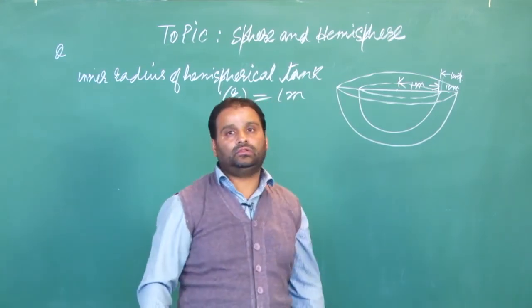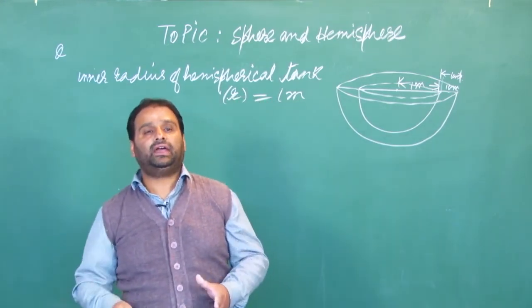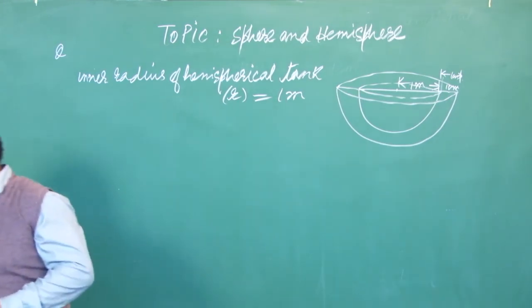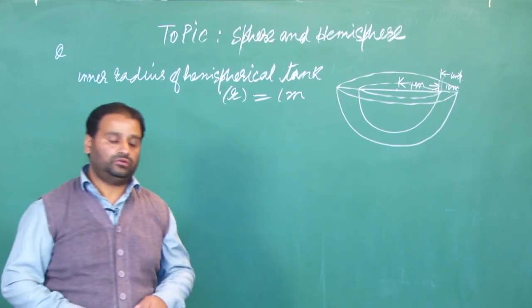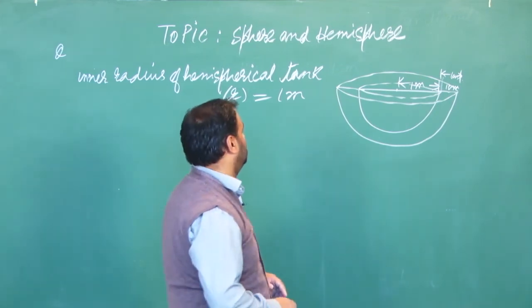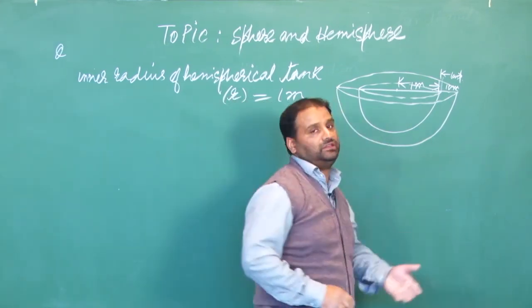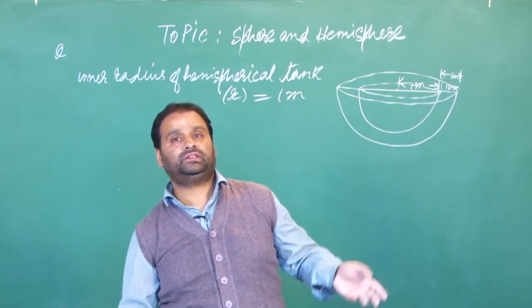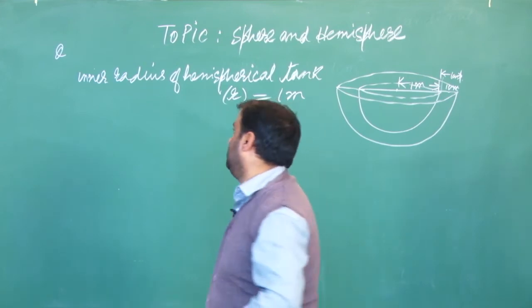We need how much iron has been used in making that tank, and it is not given whether to express its volume in centimeters or meters. It is up to us whether to keep it in meters or in centimeters.